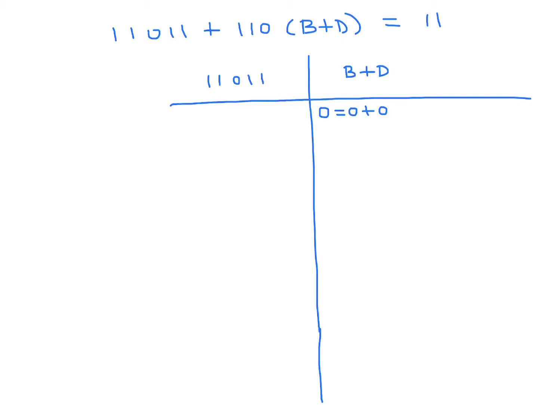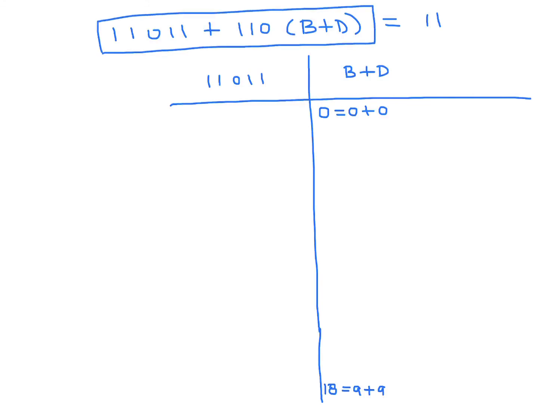And the highest possible sum, if both of them were 9s, is 9 plus 9, which is 18. And we have to figure out the value of this for each of these. So 1, 2, 3, 4, 5, 6, 7, 8, 9, 10, 11, 12, 13, 14, 15, 16, 17, and 18. Great, fit them all in.